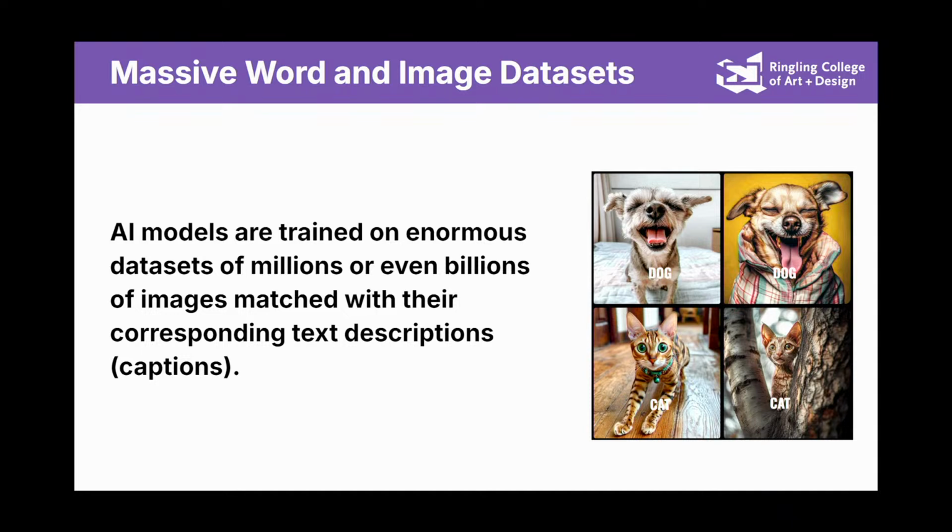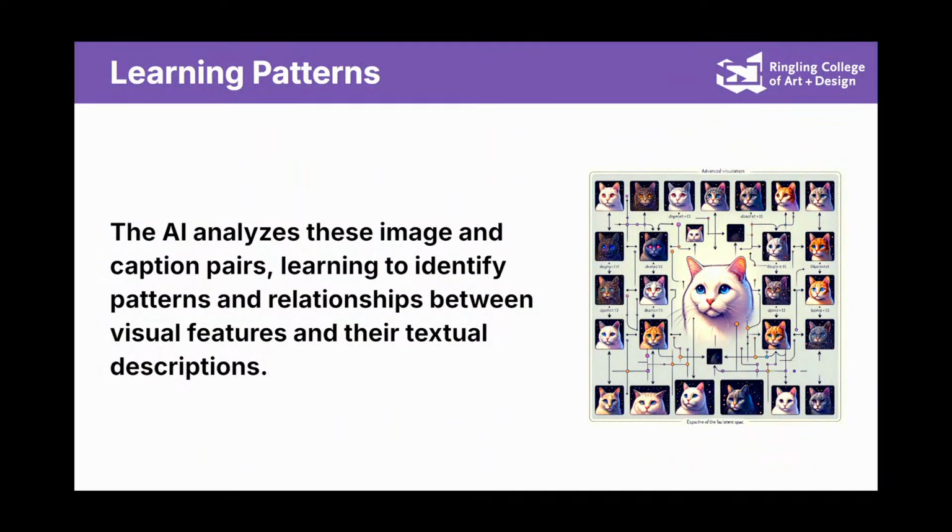The AI models are trained on millions or billions of these word-image pairs, and they're looking at them and discerning patterns. That's the key learning that is happening for the artificial intelligence. It's analyzing those image-caption pairs and identifying patterns and relationships between the visual features and their textual descriptions, getting some reinforcement, maybe from another AI checking it or from other humans.